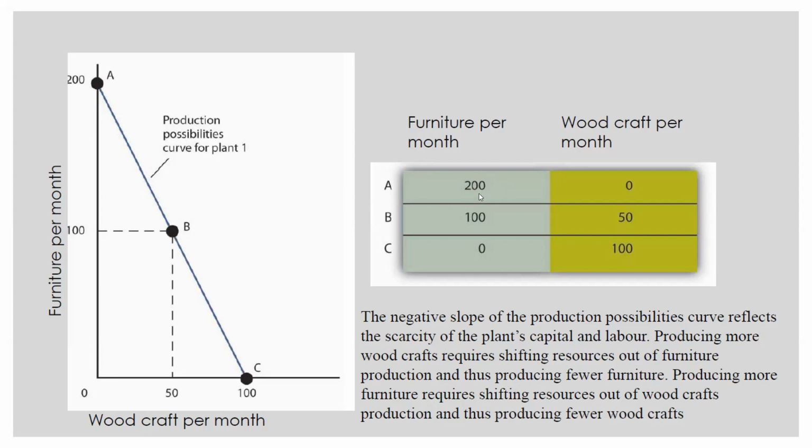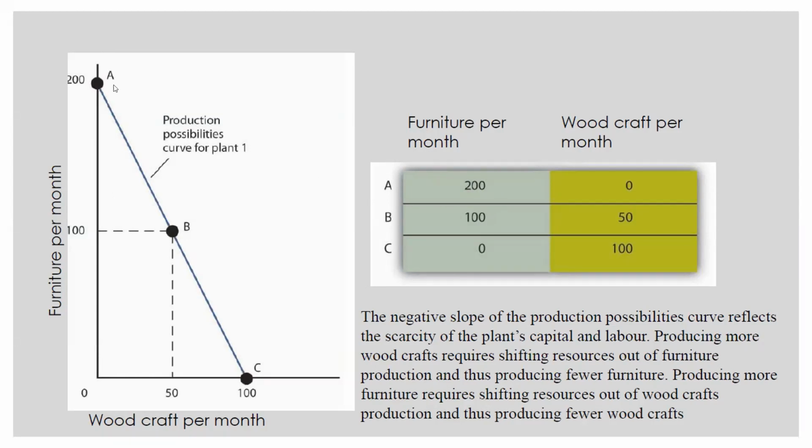Don't worry about these numerical values. This is related to the case, not a fixed value. This is in relation with the case that we are referring to. So if we utilize all three plants for the furniture production, then we can produce 200 furnitures per month. But we will not be able to produce any woodcrafts per month.